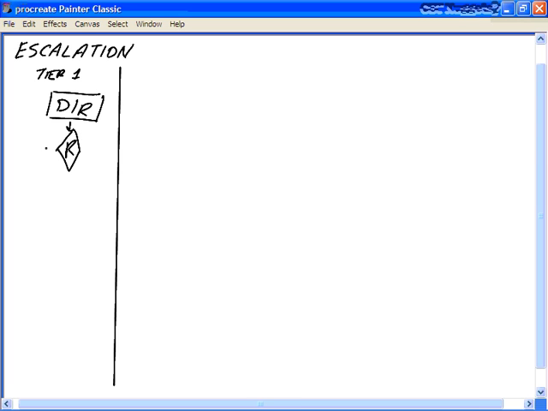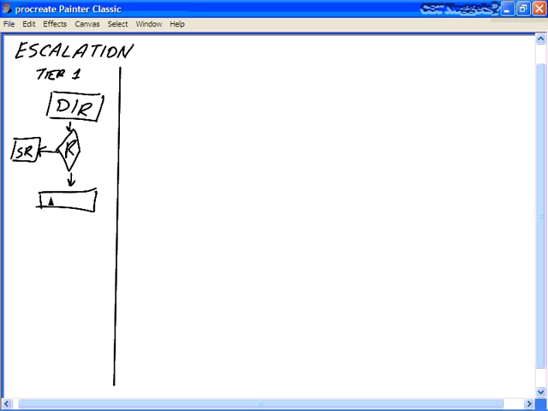Now, if it's a service request, let's say a new employee who needs their account set up and information on how to use their new laptop, that would be a service request. So that's going to be an offshoot here to what we call a service request procedure. I'll just put an SR here for service request. If it's a hardware or software issue, it's going to go to the initial level of support here in T1.